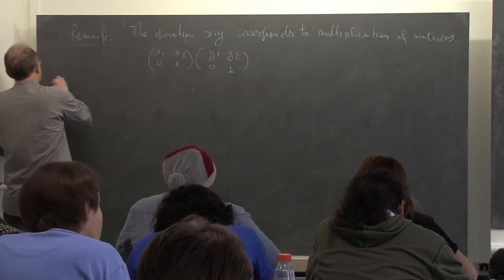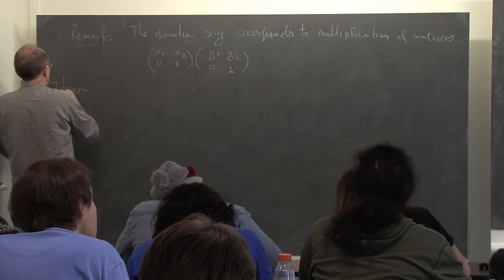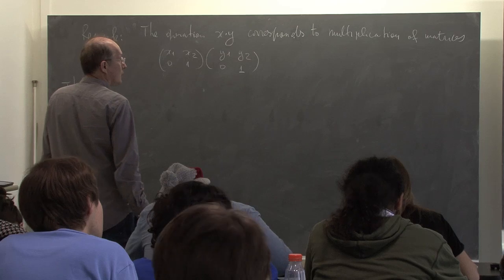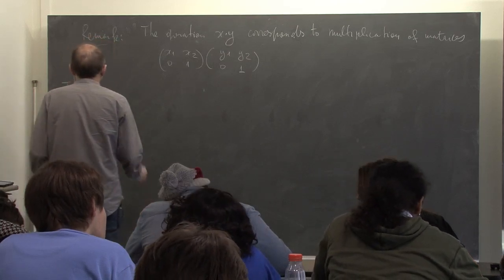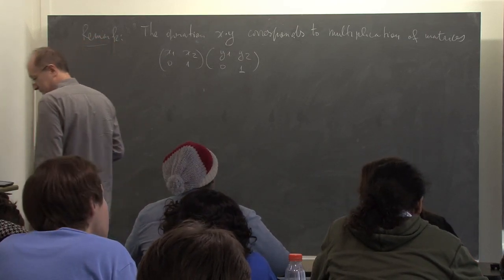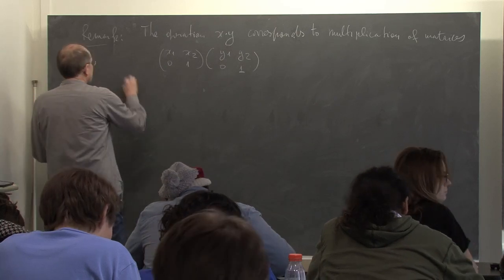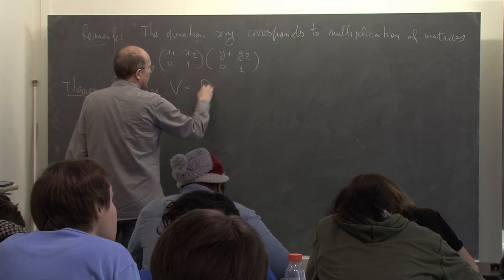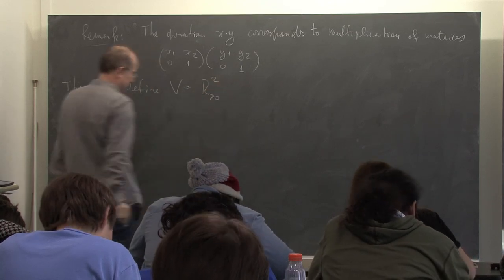Okay, now theorem. So define V to be R positive squared.